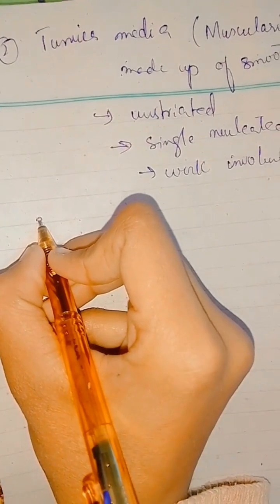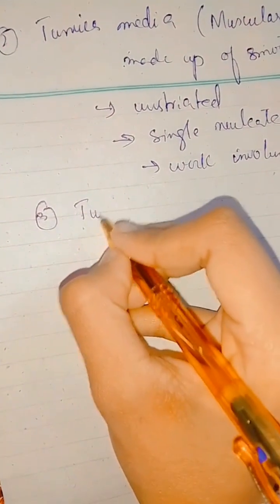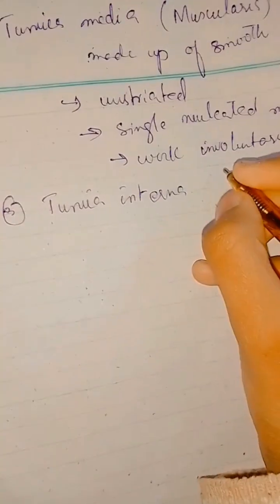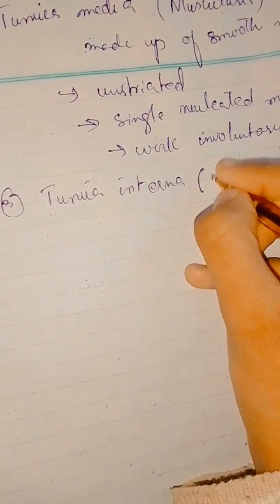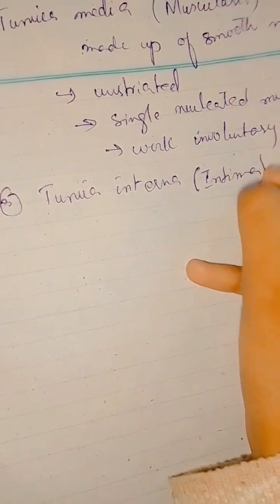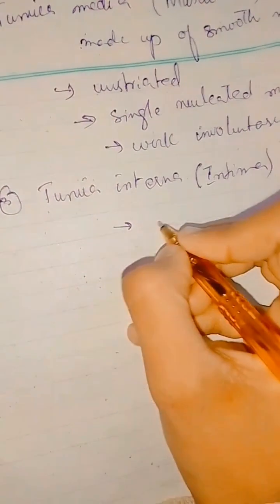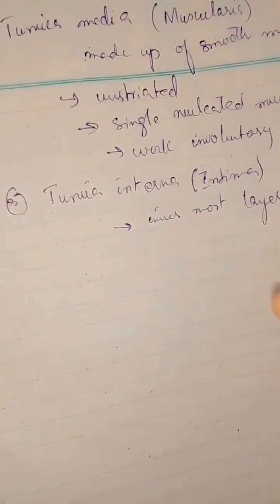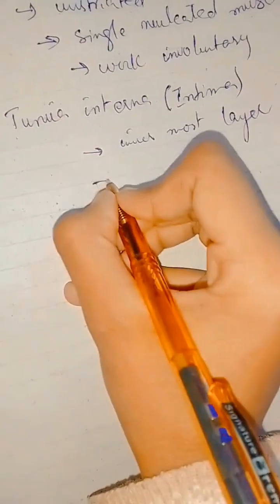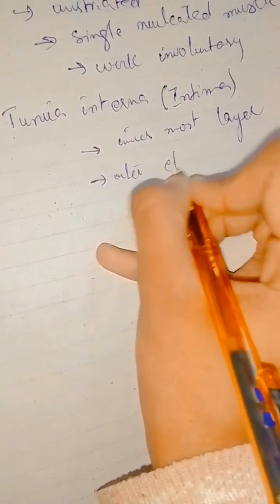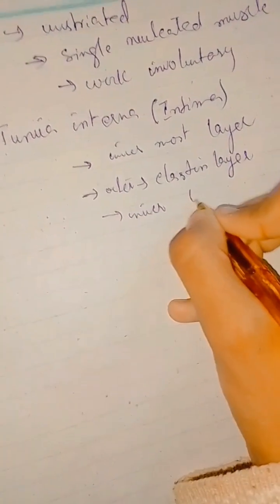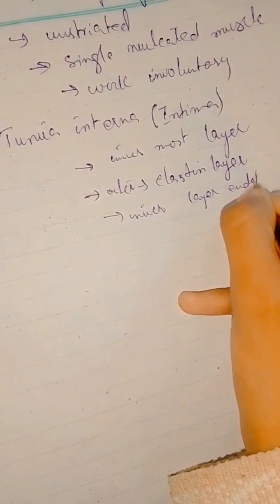Then if we talk about the third layer, that is tunica interna. The other name of tunica interna is tunica intima. Tunica intima is the innermost layer, but it also has two further layers. The first, outer layer is the elastin layer, and the inner layer is the endothelium layer.